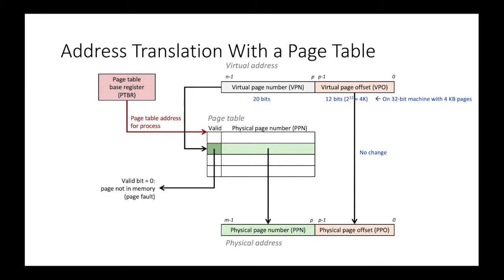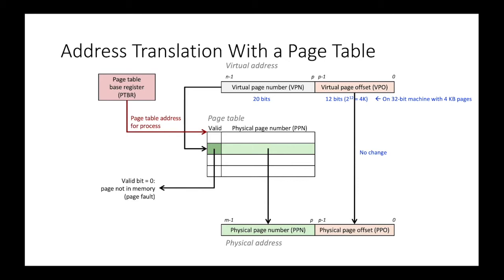Now let's talk about address translation from virtual to physical address. The virtual memory address is decomposed into the virtual page number and virtual page offset, depending on the size of a page.